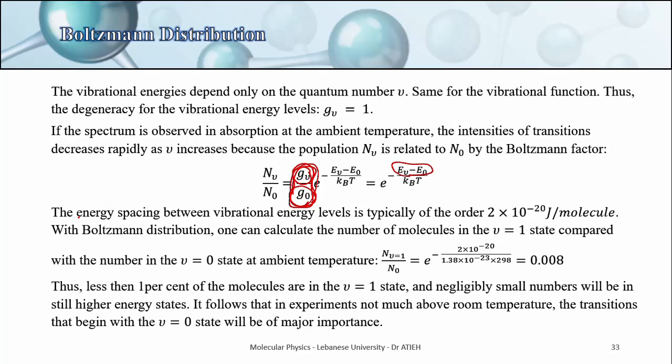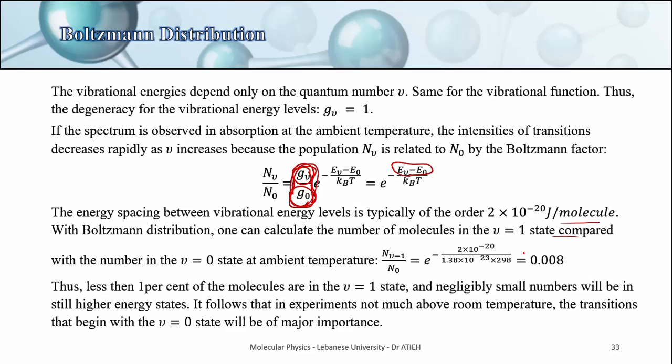Okay? So the energy spacing between the vibrational energy levels is typically on the order of 2 times 10 to the power minus 20 joule per molecule. So this is the difference in energy between two vibrational energy levels. So with the Boltzmann distribution, one can calculate the number of molecules in the level nu equals 1 state.